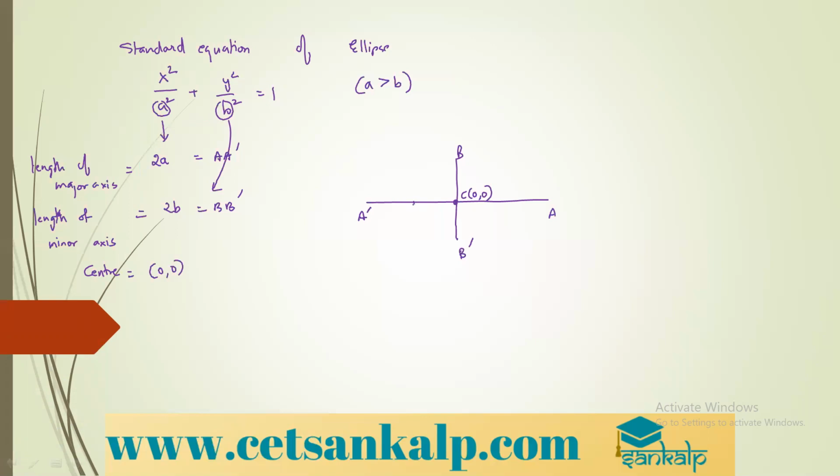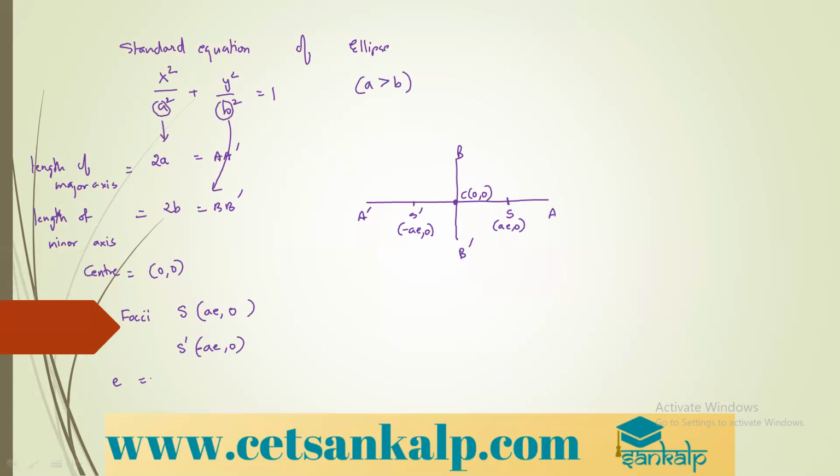Now there are two foci on the ellipse. One is S dash and the other is S. S and S dash are called foci of the ellipse. The foci are given as AE, 0 and minus AE, 0. So this S is AE, 0 and S dash is minus AE, 0.